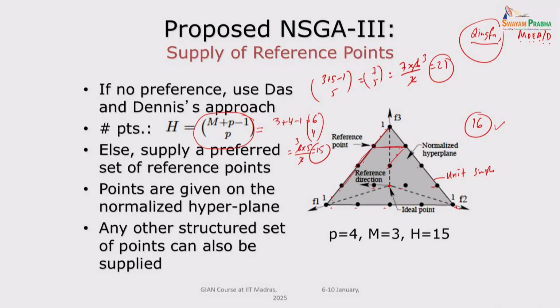Now, at the end, my Pareto set may be somewhere here. It may not match with the plane, because if you have a linear hyperplane and the entire surface is available, then it will fall on that unit simplex after normalization. But any other Pareto front will not. But each of these arrows, if I continue, is going to hit my Pareto set. And my goal is to find wherever it's hitting that Pareto set.